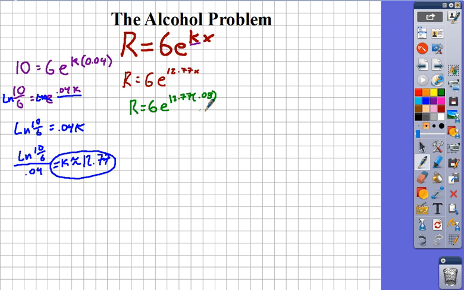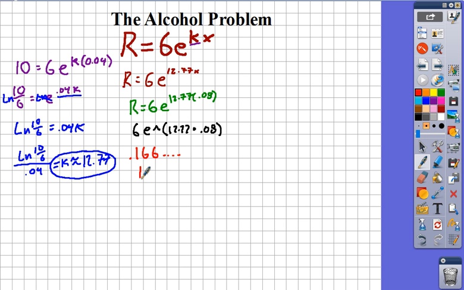So we throw that directly into our calculator, and our calculator would look something like this: 6e caret, which starts its own parenthesis, 12.77 times 0.08. And if we plug that into our calculator, what we end up with is 0.166 and so on.